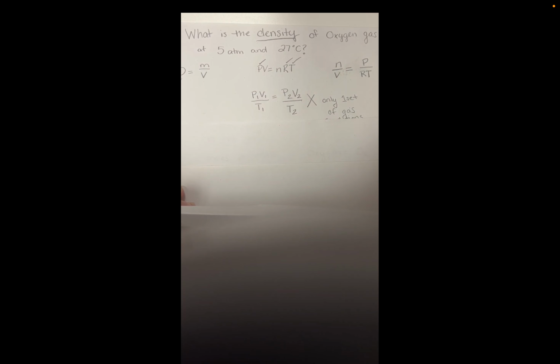If I look at the combined gas law, I need 2 sets of values, even if I have something that's constant that I can eliminate. For this problem, I only have 1 pressure and 1 temperature. I don't have 2 sets of gas conditions, so I'm not going to be using the combined gas law. I'm going to try to make a connection between the density formula and the ideal gas law.